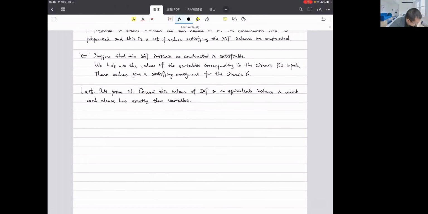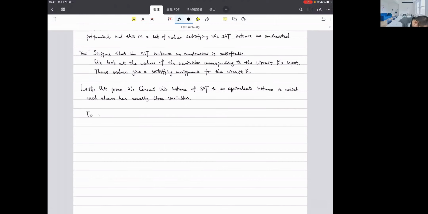Okay, so to do this, we borrow a few further variables here. In particular, we have 4 of them. We create 4 new variables, let's say Z1, Z2, Z3, and Z4.